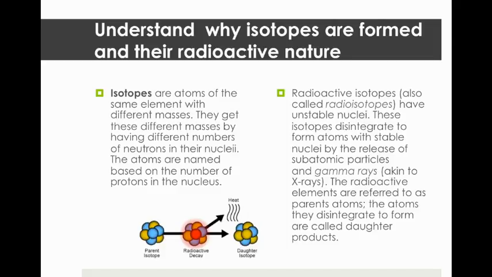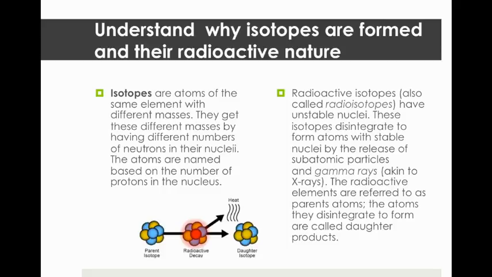They have these different masses based upon the number of neutrons. The atoms are based on the number of protons that we find in the nucleus. Now, different atoms have different isotopes. Some of these have stable nuclei. Some of them have unstable nuclei.